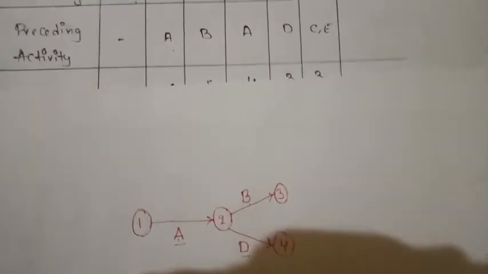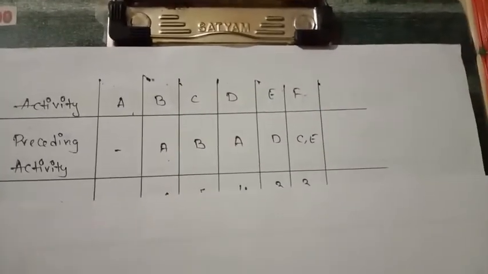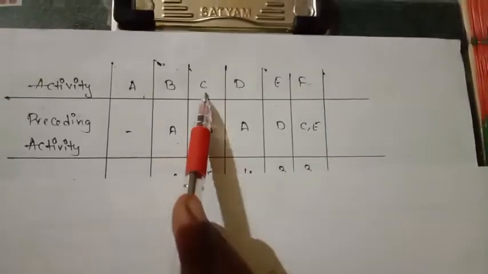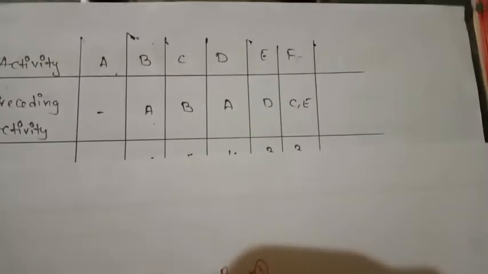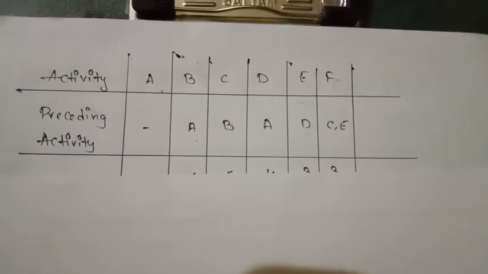Now let us check whether B is a preceding activity for any other activity. B is a preceding activity for C. Let us combine it, and let us check D also.